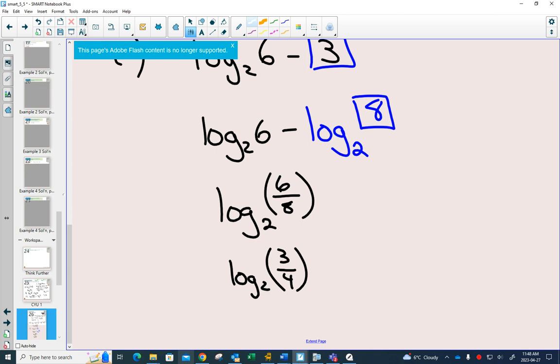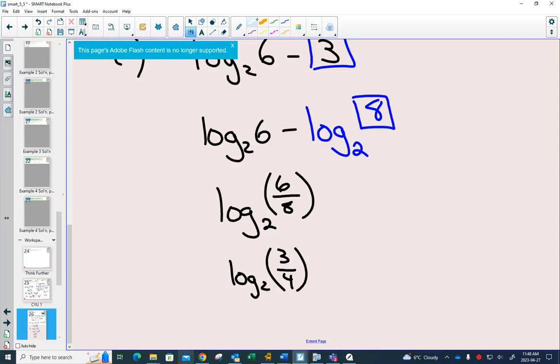But then with logs you can play around, and you can get things that are equal that you would never expect to be equal. For example, if I gave this to you as a multiple choice on a non-calculator part of the test, you would be mad at me, but I'll show you what I could possibly come up with.